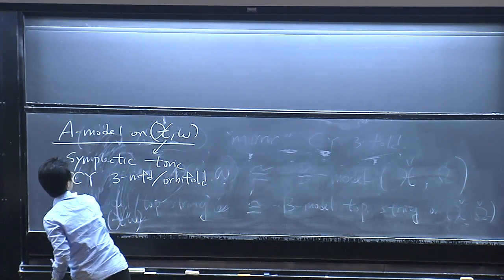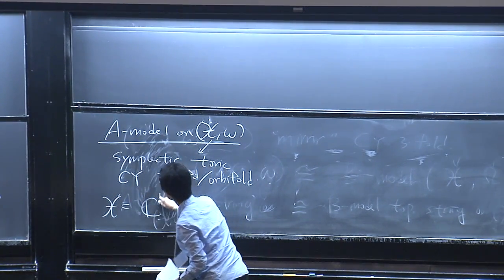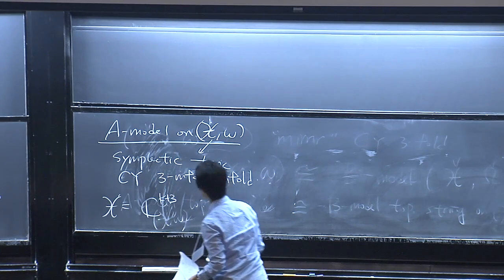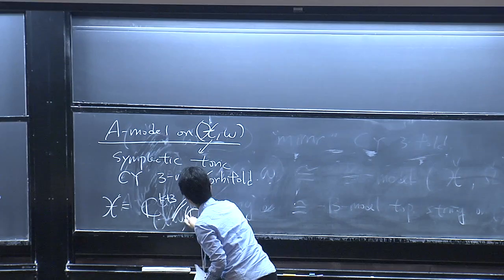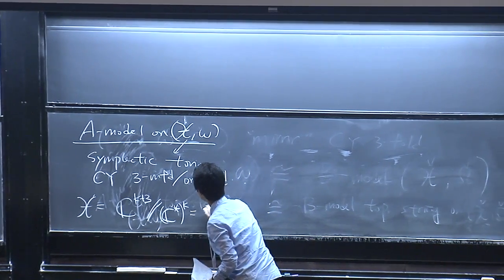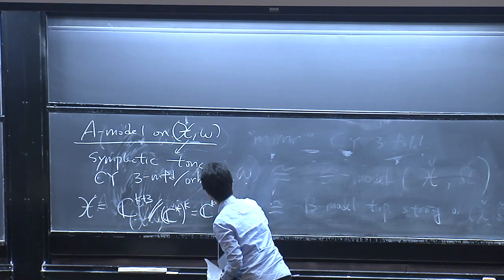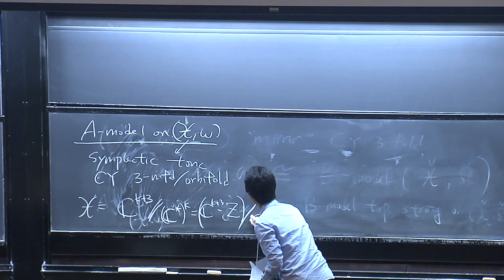So it can be, as a complex manifold, some GIT quotient of C^(K+3) by the action of a complex torus. So this means you take out some closed subset.